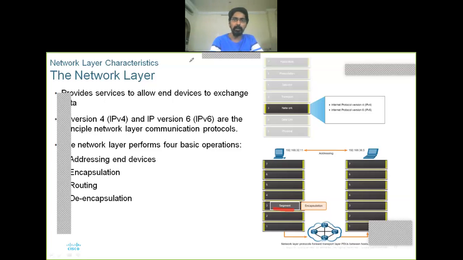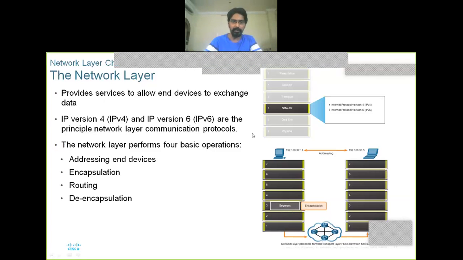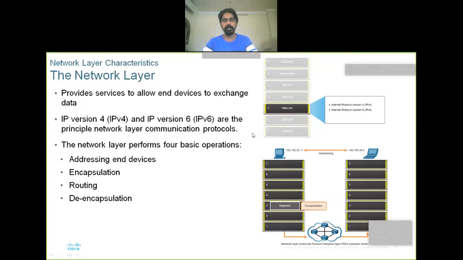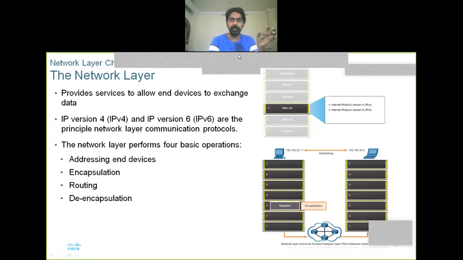So there are two important protocols, IPv4 and IPv6, and the basic operations performed at the network layer are: first, address the devices, and then perform encapsulation, right? Encapsulation is nothing but segmentation.